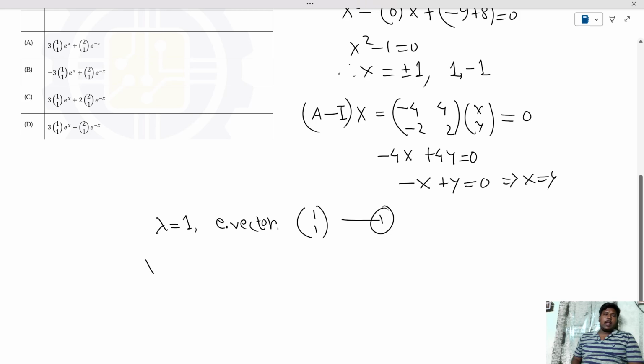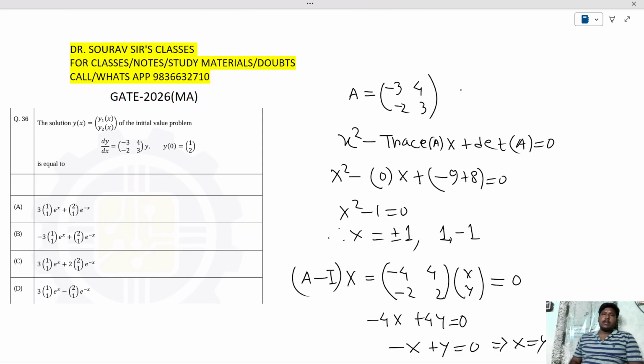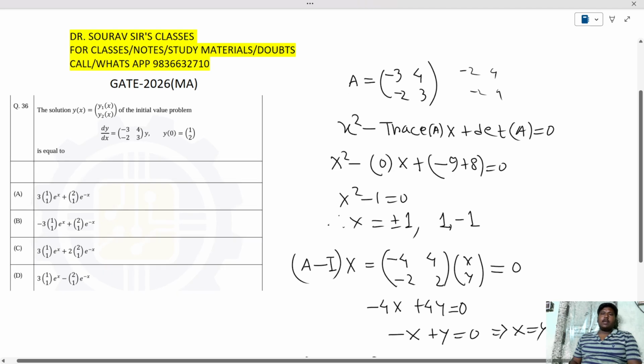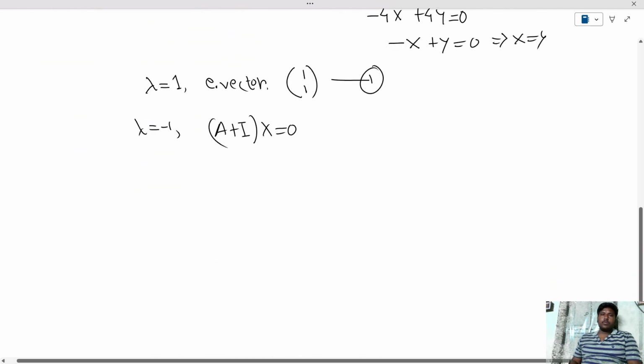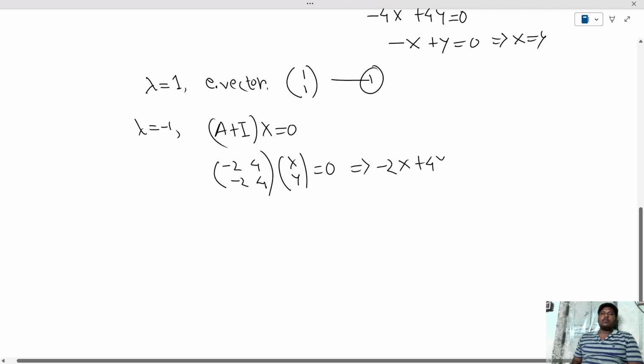Okay, now for lambda equals to -1, we get (A plus I)x equals to 0. So the A matrix is [-3 4; -2 3]. तो इसके साथ आइडेंटिटी प्लस करेंगे. So it becomes [-2 4; -2 4], (x, y) equals to 0. So from this we get -2x plus 4y equals to 0.